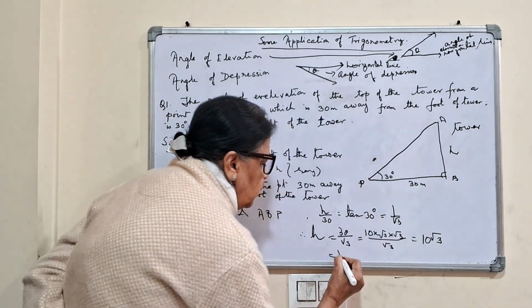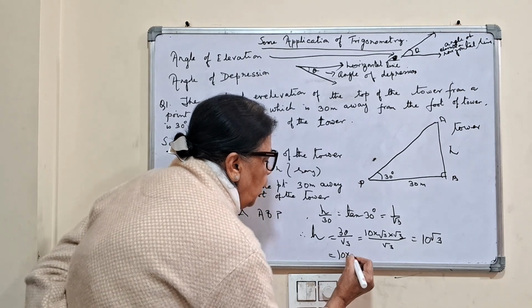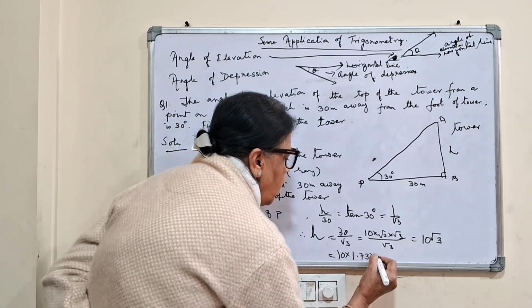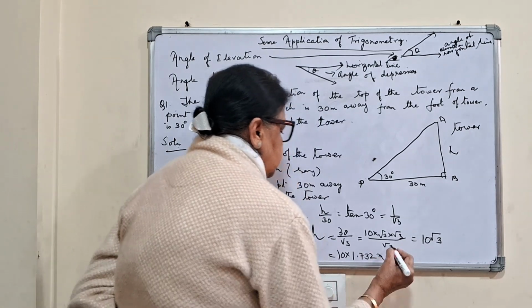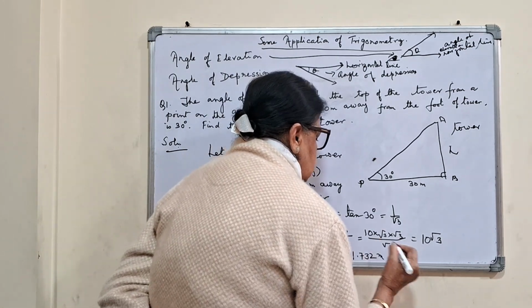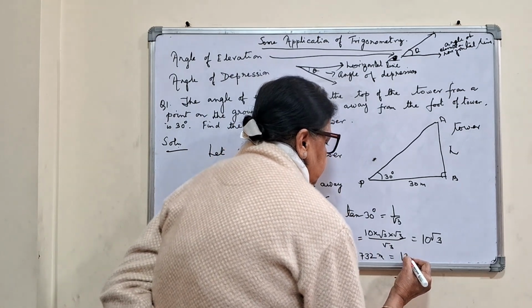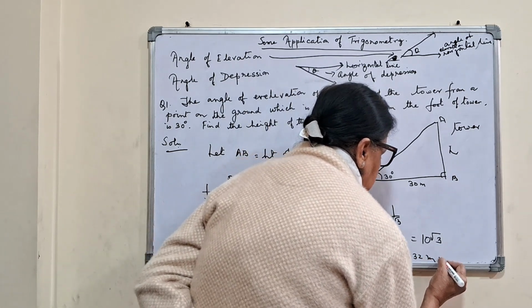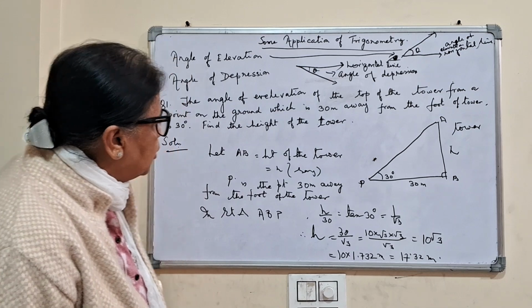Root 3 is 1.732, so H is equal to 17.32 meter.